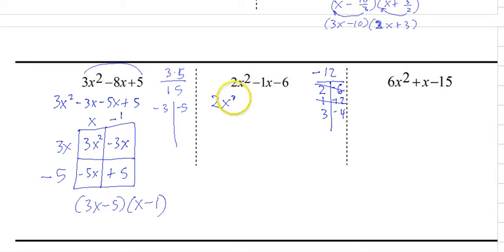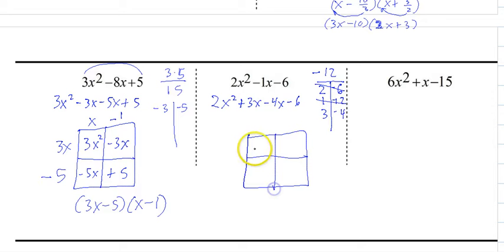So we have 2x squared plus 3x minus 4x minus 6. Place it in the box. And they have an x in common, a minus 2, a 2x, and a 3. And we check it. And there it is.